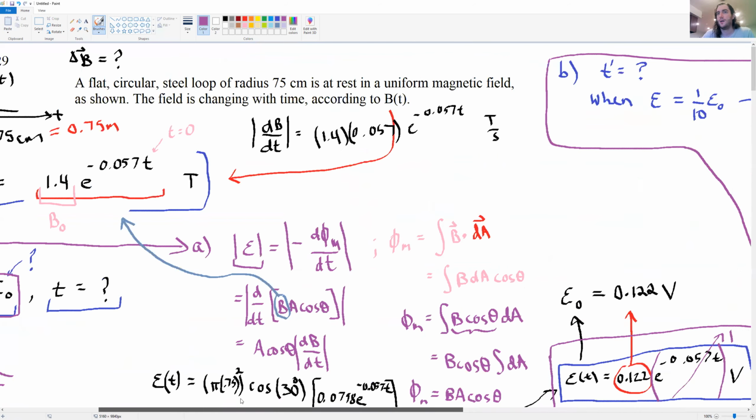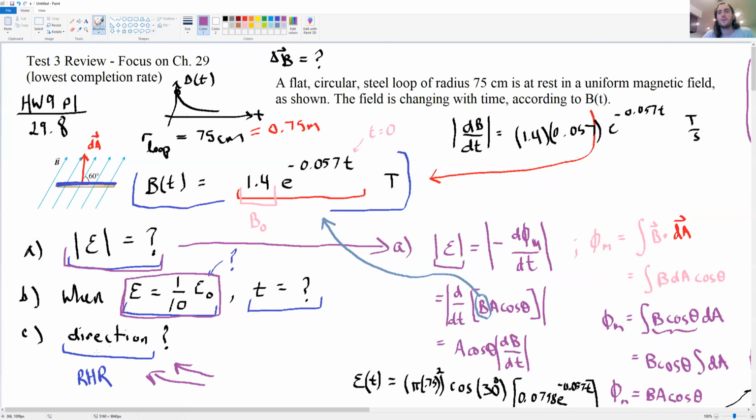Okay. The last thing we were asked to do was to determine the direction, part C right here. And part C really comes from the right-hand rule plus Lenz's law. Whenever you're looking for the direction of anything, right-hand rule is what you want to go to. But you need to know what to apply the right-hand rule to, right? If you don't apply it correctly, you're not going to get a valid result.